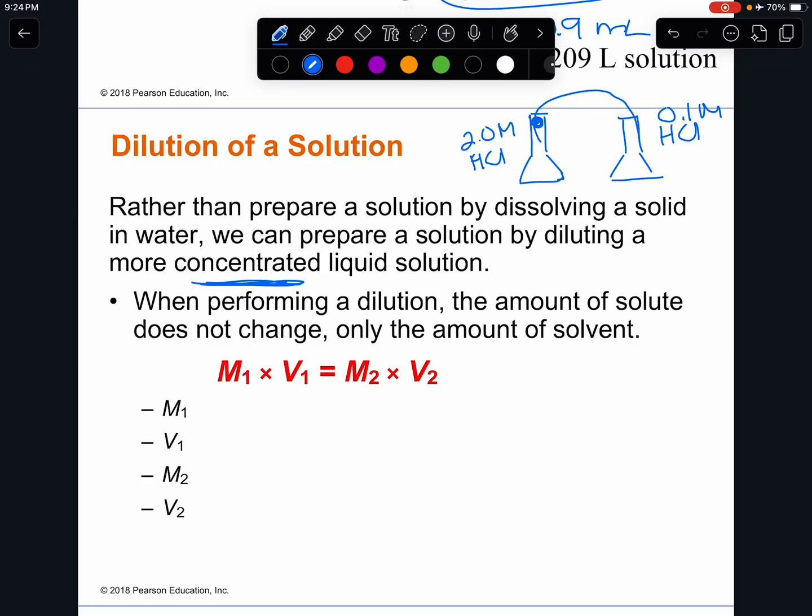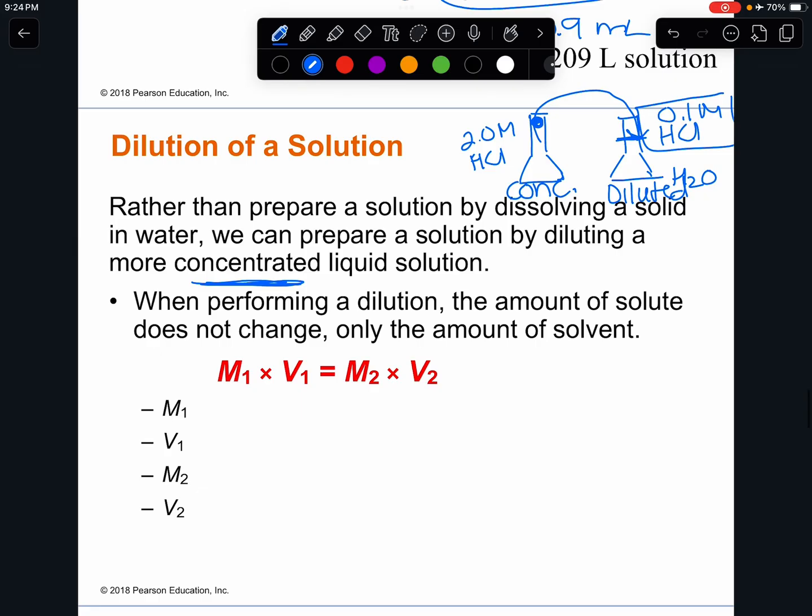So what I would do is take a certain amount out of this with a pipette, and I'd put it into this other one, fill it all the way up with water, okay, H2O, up to the line, and therefore I could create a weaker solution, a diluted solution. Okay, so this would be the concentrated, and my diluted would be what I was looking for.